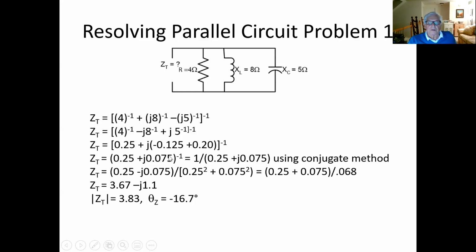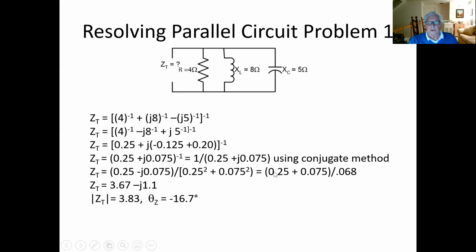How do we do that? The reciprocal is 1 over the complex number. Now we're going to use the conjugate method. We multiply 1 by the complex conjugate, so it'd be 0.25 minus J 0.075, divided by the square of the real and the square of the imaginary portions.